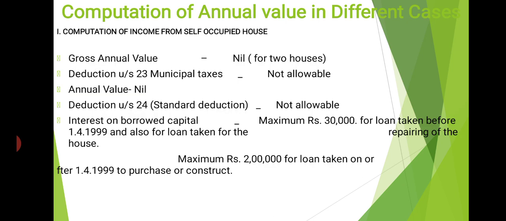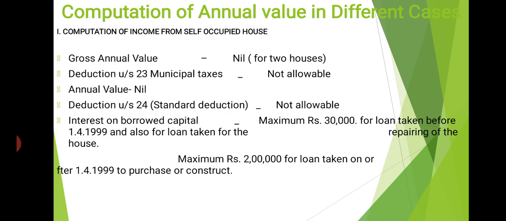Then one more deduction we have, that is a deduction under section 24, that is standard deduction. Standard deduction, 30% of annual value. When the annual value is nil, there is no standard deduction. Then one more deduction we have, that is interest on capital. That is an allowable deduction, even though it is a self-occupied house.